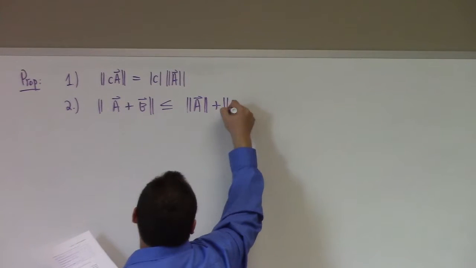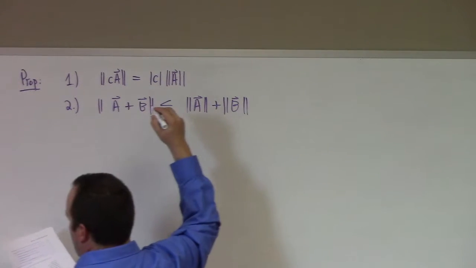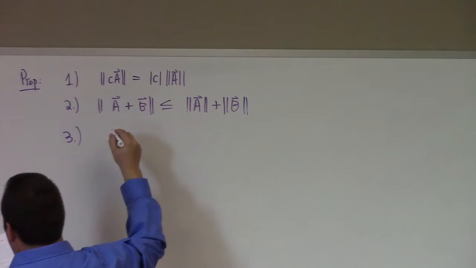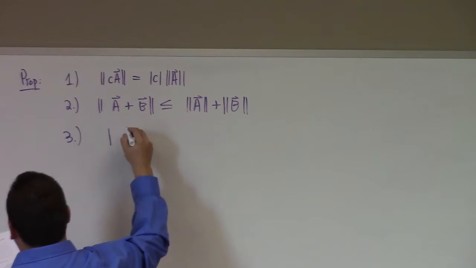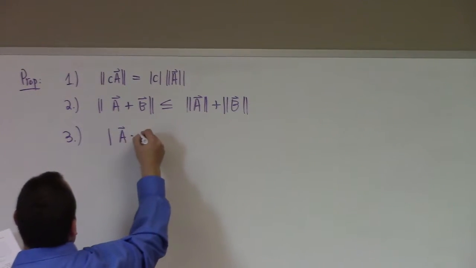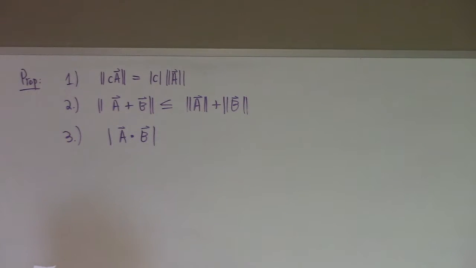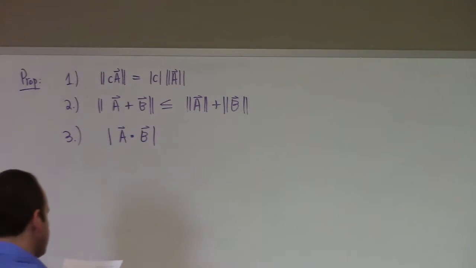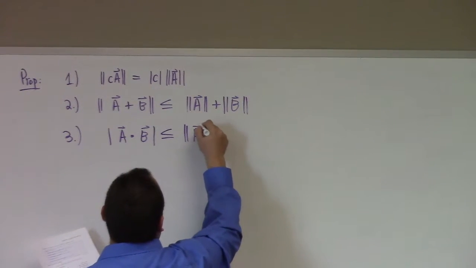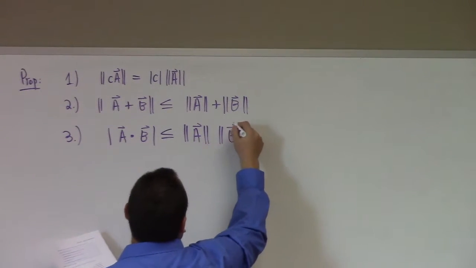But as you can see, there's a connection between magnitude of vectors and the dot product. Now here's one that actually connects the dot product and the magnitude specifically. This is the really important one. This is absolute value I'm writing here. The absolute value of A dot B is less than or equal to the magnitude of A times the magnitude of B.